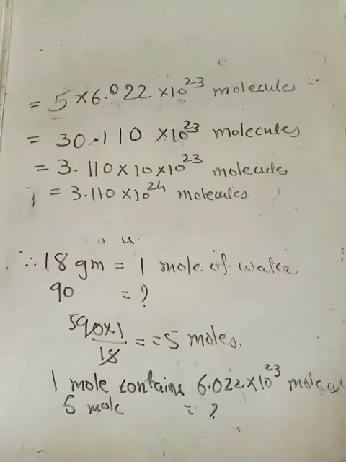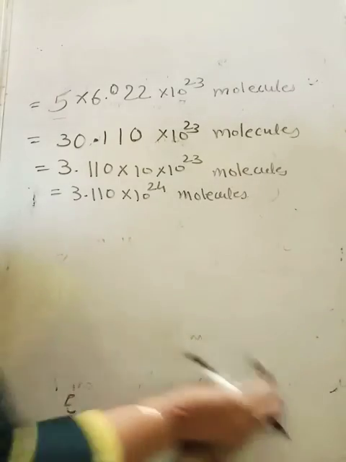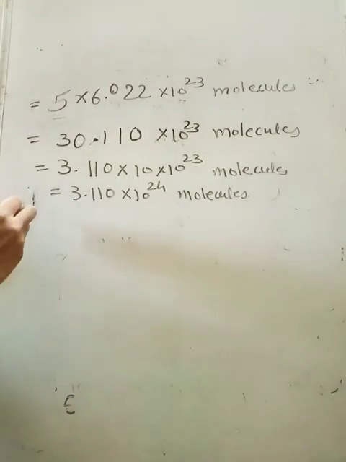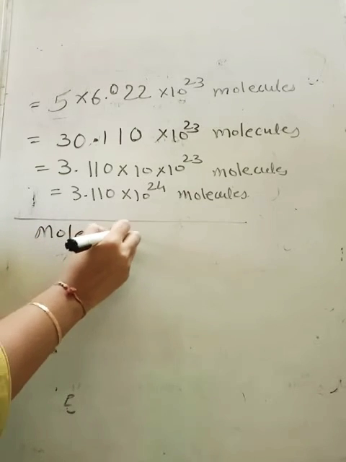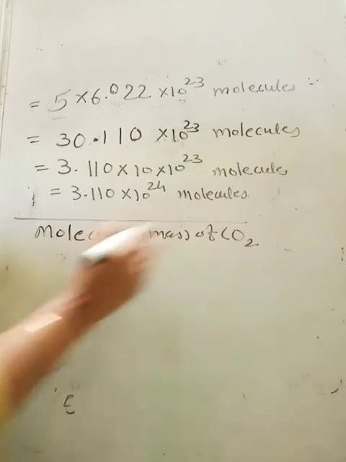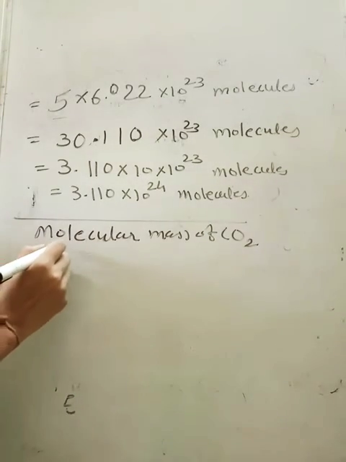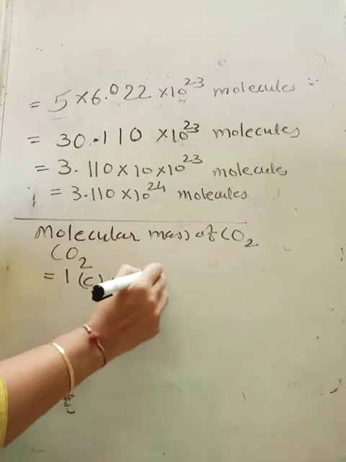Now you have 8.8 grams of carbon dioxide. So what will we do first? The molecular mass of carbon dioxide we will find out. So it is carbon dioxide, that means 1 carbon plus 2 oxygen.